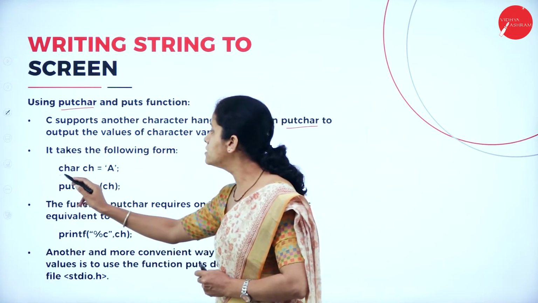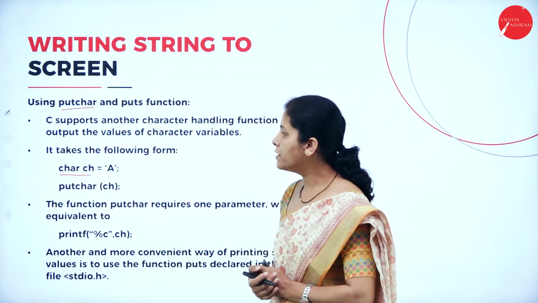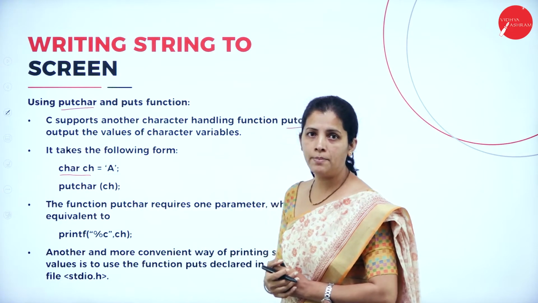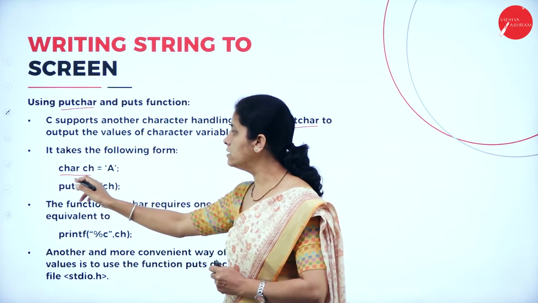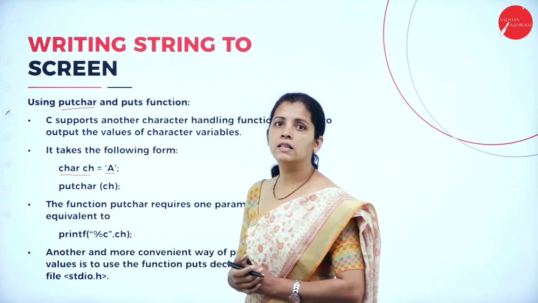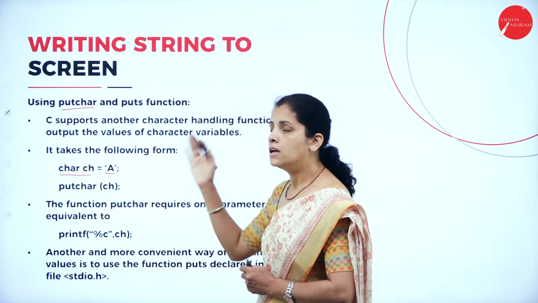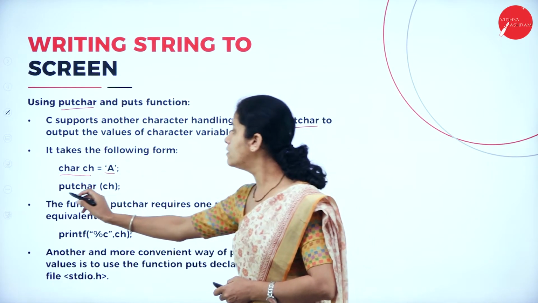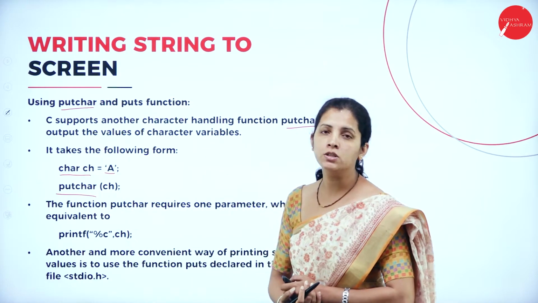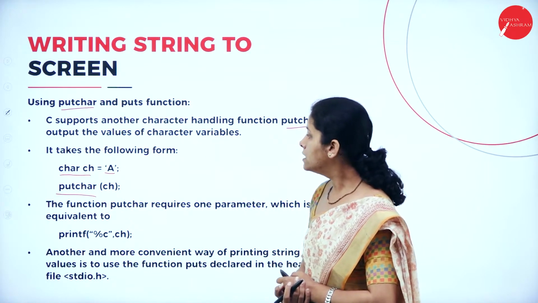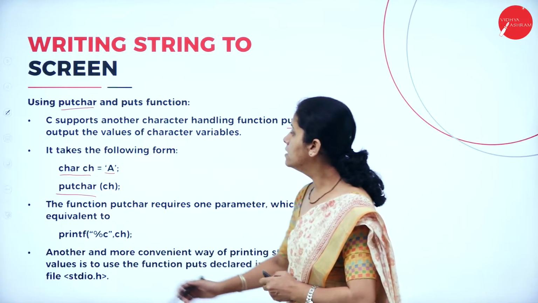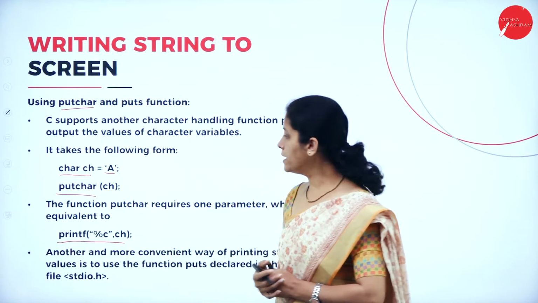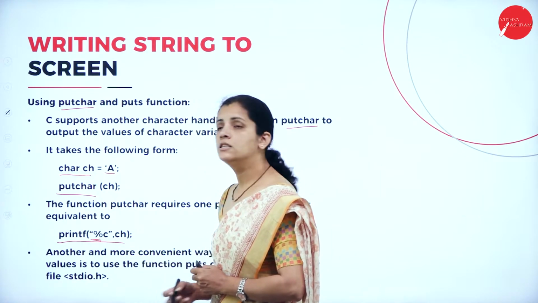Now, first, what I want to do? I want to define a variable of type character and assign the value A. Now, I just want to display the character. For that reason, I'm going to use putchar. Now, dear student, how can I print the character? By using %c.